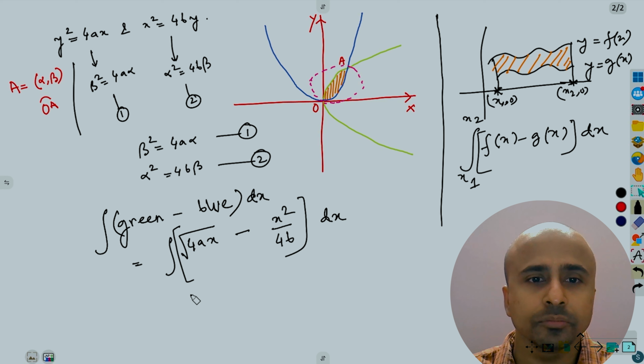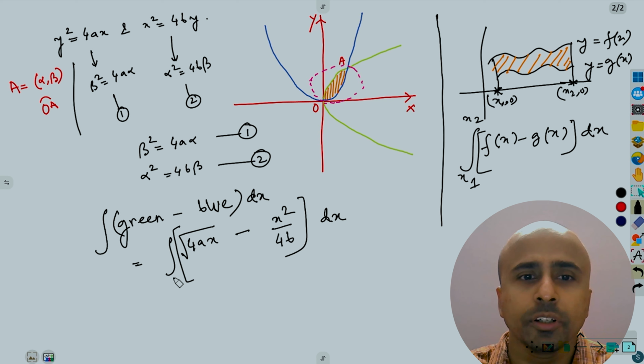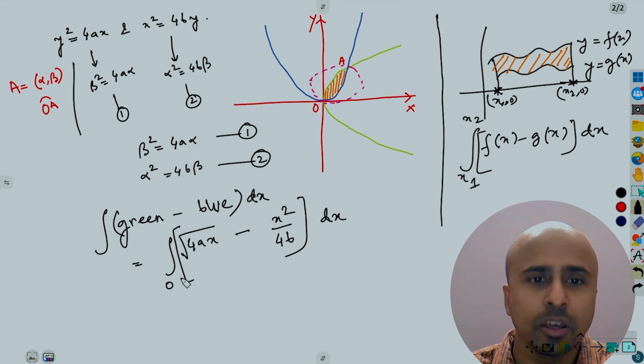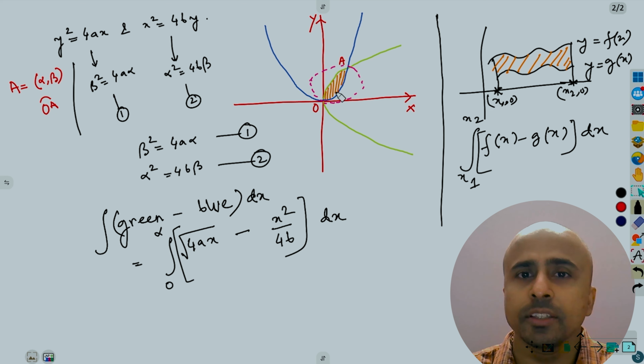Okay. Now we have to take the lower limit and upper limit. We know the lower limit is 0 and the upper limit is alpha, right? Yes. So this is the area of this orange part.